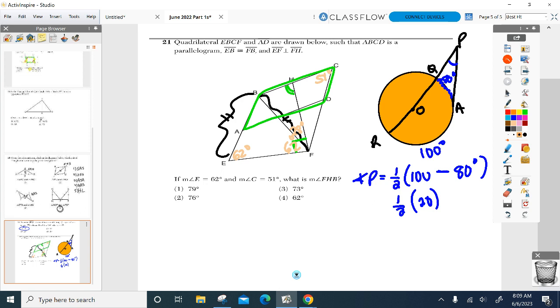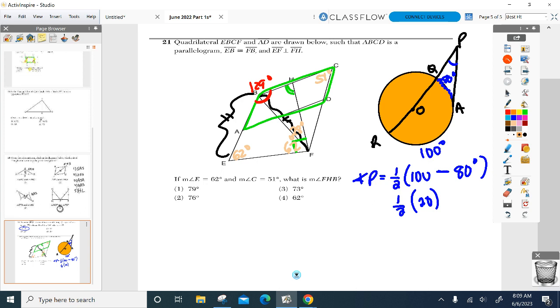So this angle ABC, that's 51. Those two are supplementary, so 129. How's that sound? Yeah? 129? All right, where am I going from here? Remember, I need to get to that double green angle there.